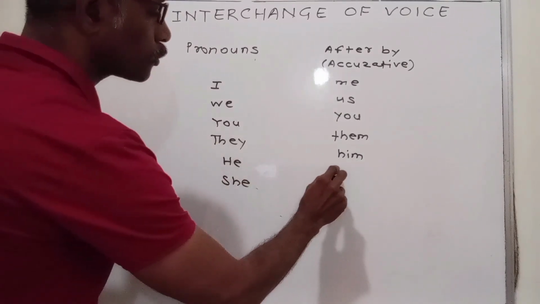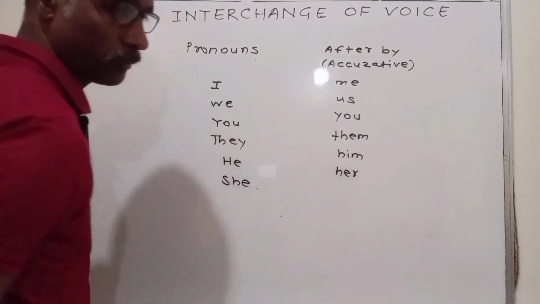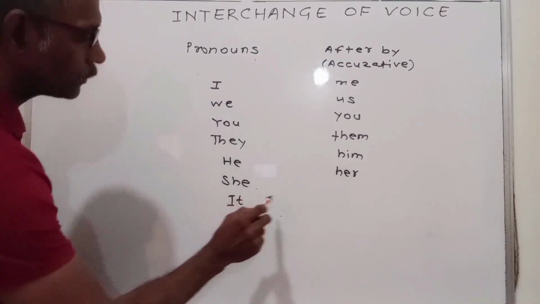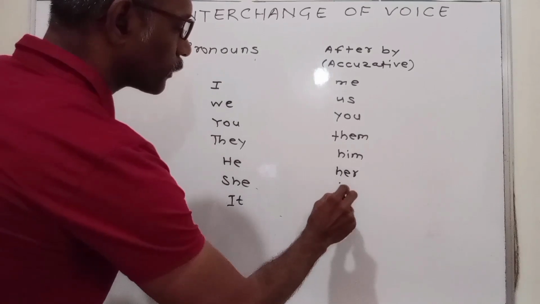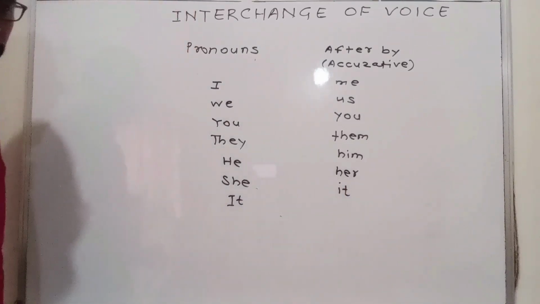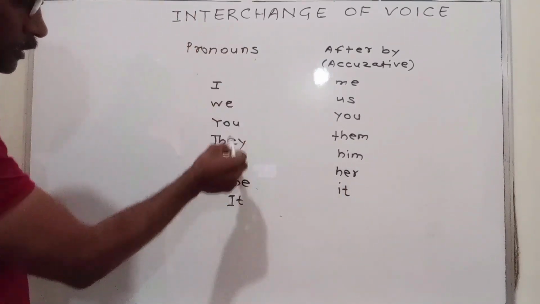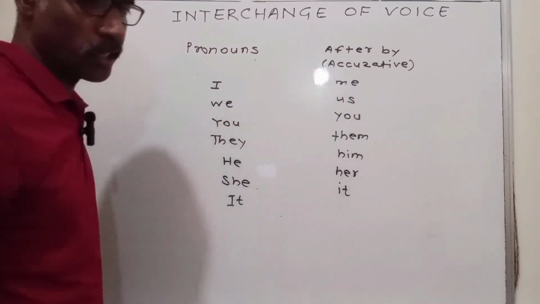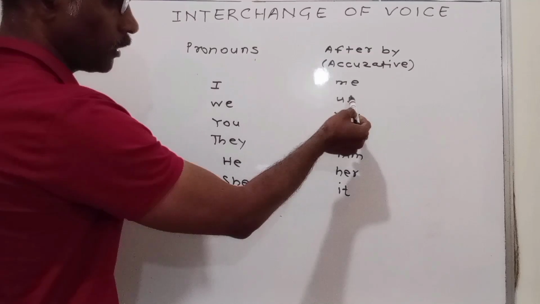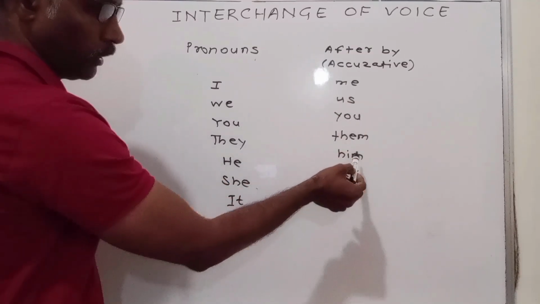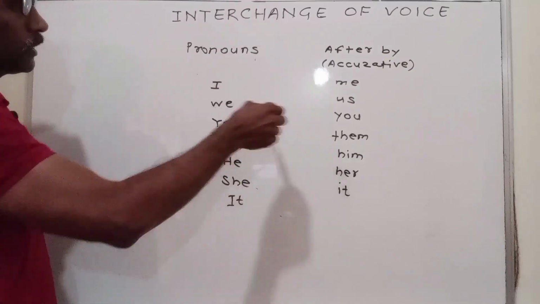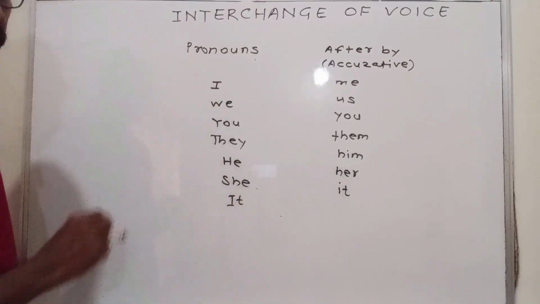She changes to her. And it remains unchanged. These are some pronouns. After "by" they are accusative: me, us, you, them, him, her, it. Did you get it? This is about pronouns.